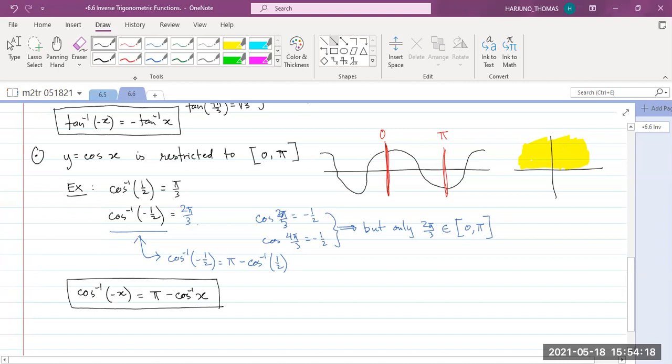Now, note there is no convention for secant inverse, cosecant inverse, and cotangent inverse.